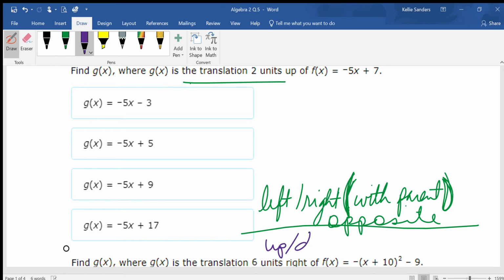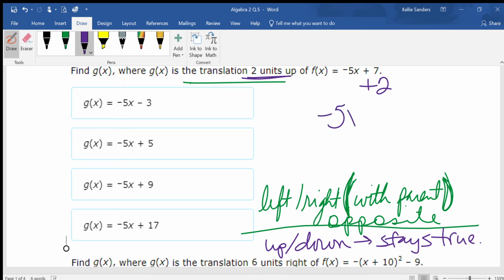Up and down, it stays true. So if we're going to go 2 units up, then we're going to add 2 to the 7. The negative 5 stays negative 5, and 7 plus 2 is 9. So negative 5 plus 9.